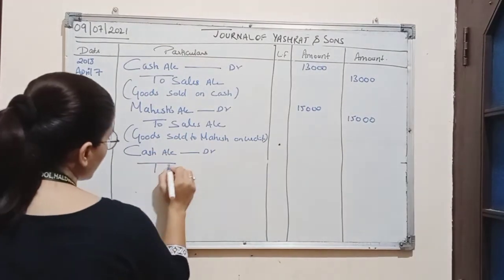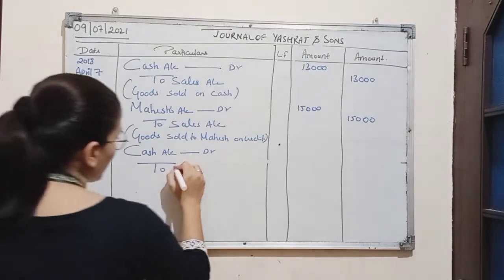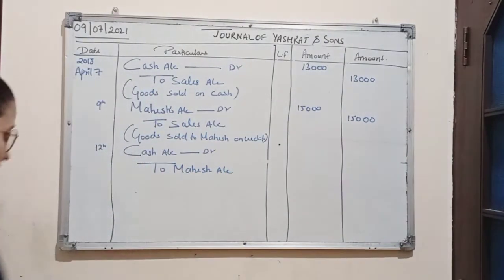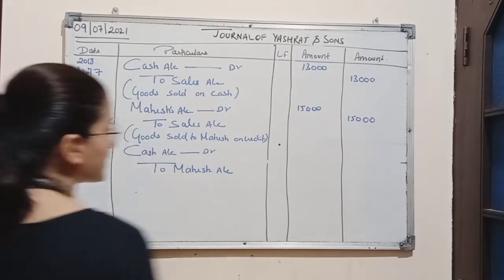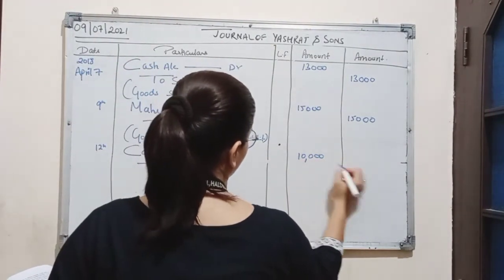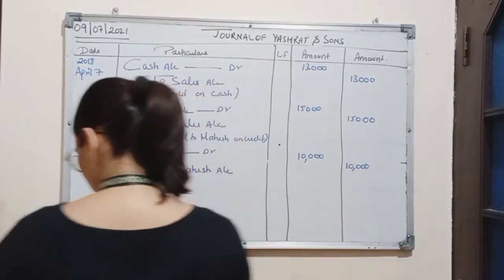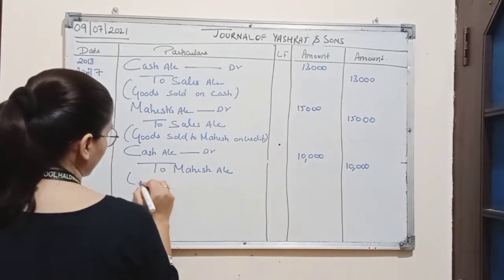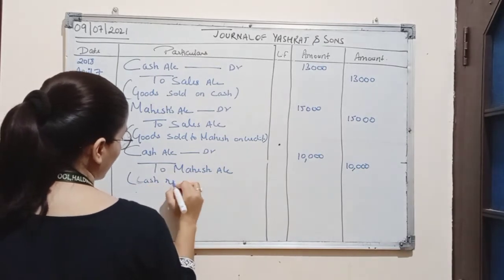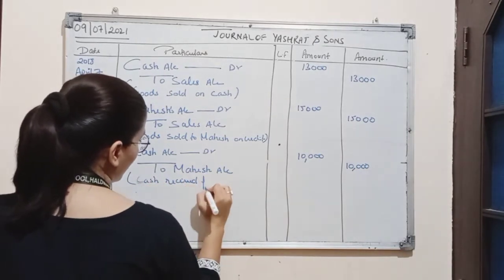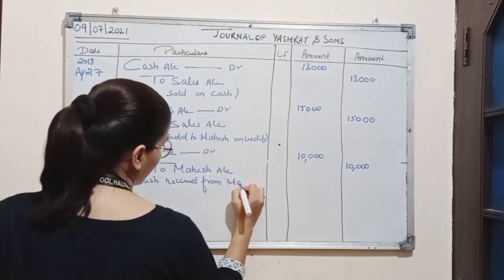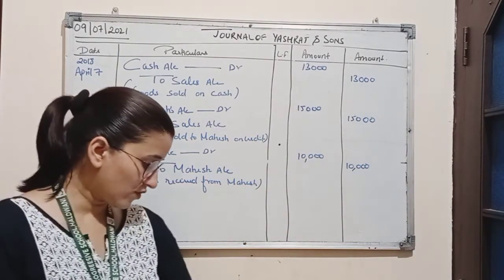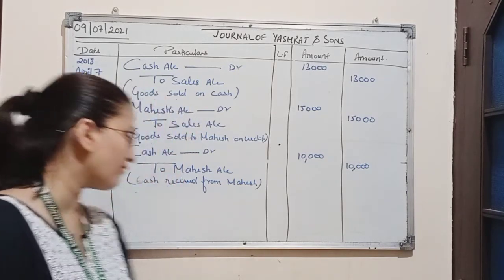So here Mahesh is the giver of cash. So we will credit Mahesh account. Amount is rupees 10,000. Narration for this transaction will be cash received from Mahesh.